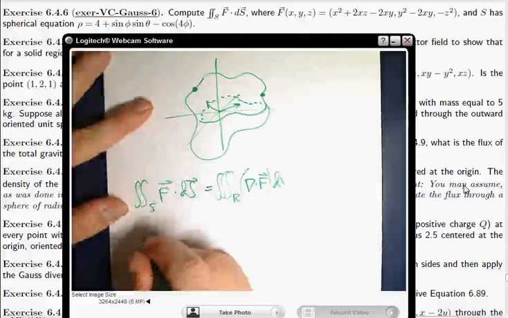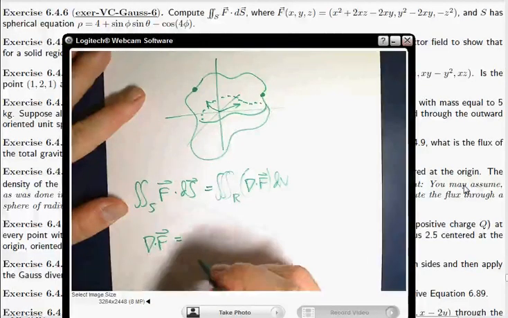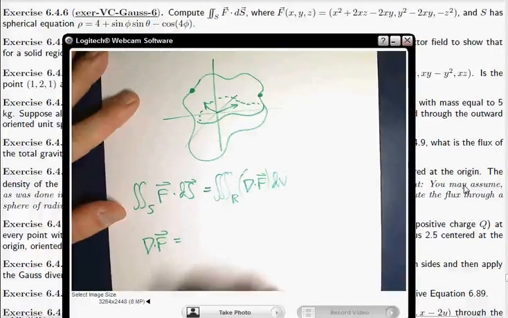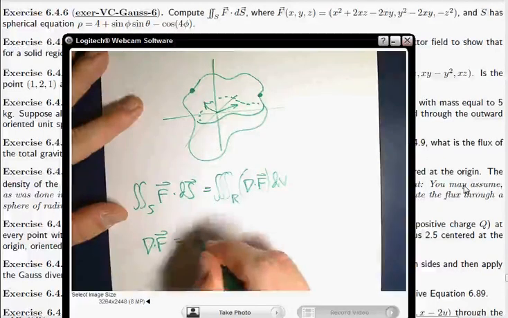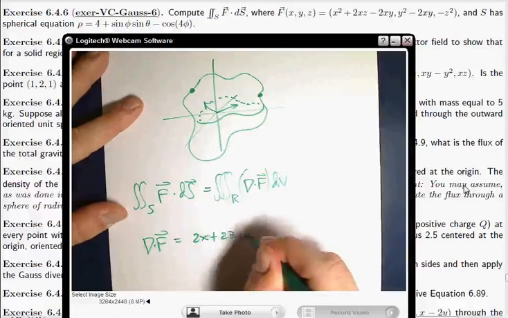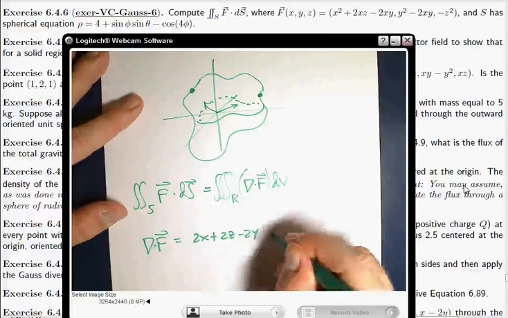So the divergence of this vector field is, well, let's see here. Looking at the x partial, I have 2x plus 2z minus 2y. Then the y partial there is 2y minus 2x.